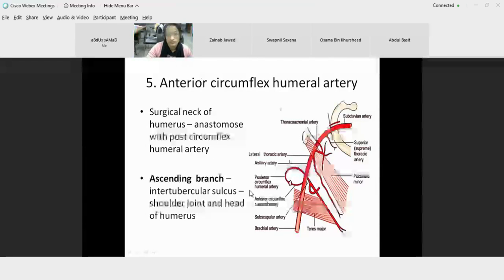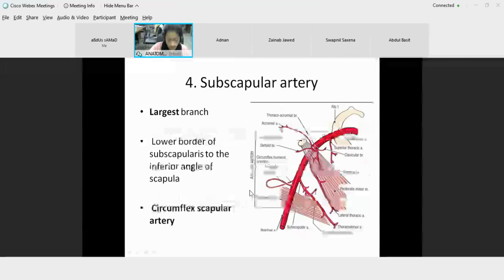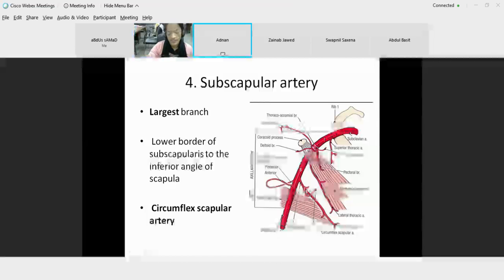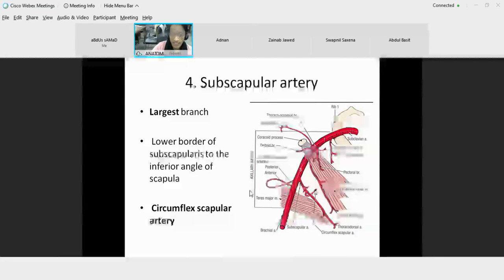Ma'am, please repeat what you just said. Circumflex scapular artery is a branch of subscapular artery. Understood? Hello, can you hear me? Yes, ma'am. Subscapular artery has a branch, circumflex scapular artery. This circumflex scapular artery is passing through the upper triangular intermuscular space.